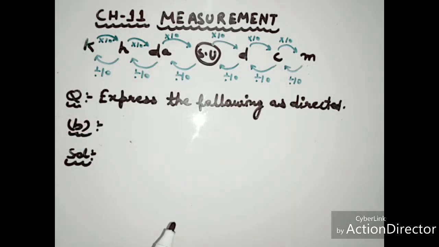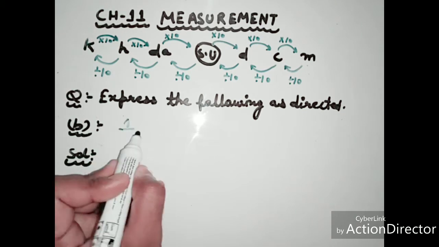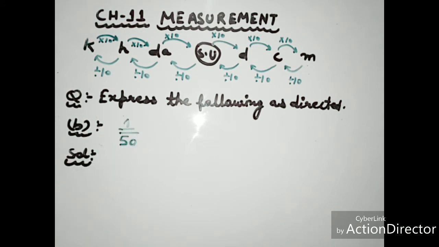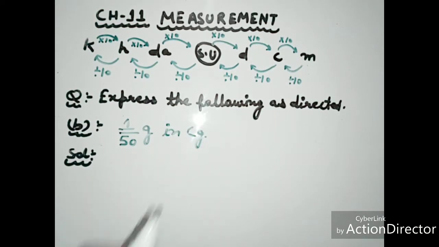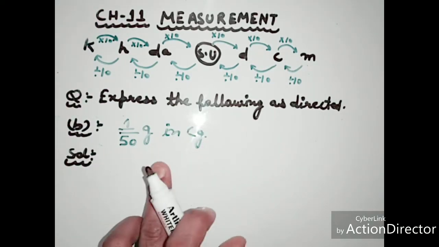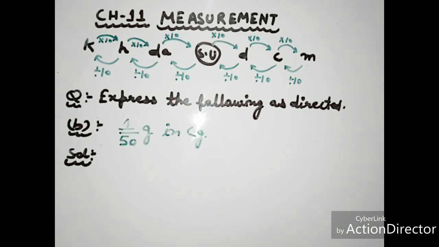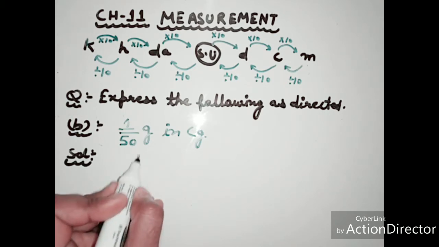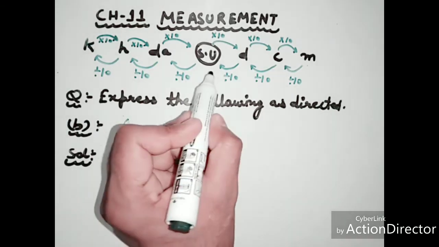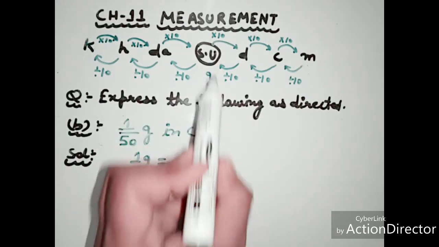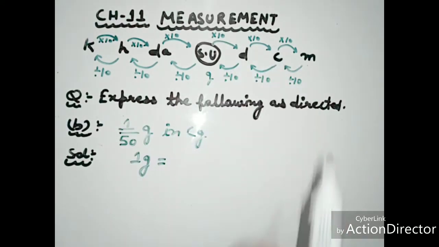Now example number B, 1/50 gram in centigram. Here we convert 1/50 gram in centigram. First we check how many centigram in 1 gram. So 1 gram equals 100 centigram. Gram is here in standard unit and it moves 2 places to the right hand side.